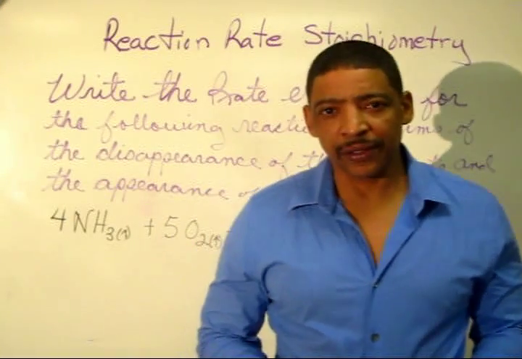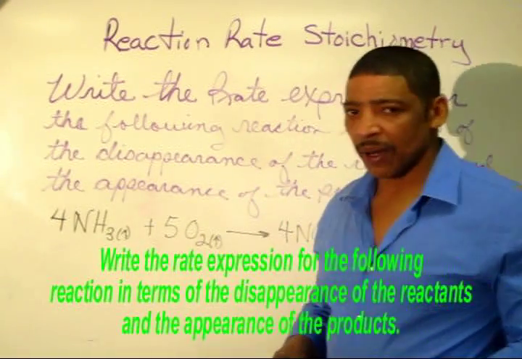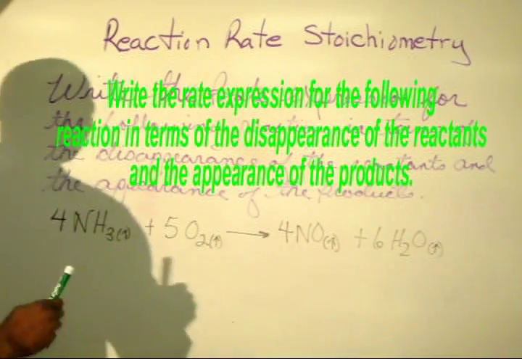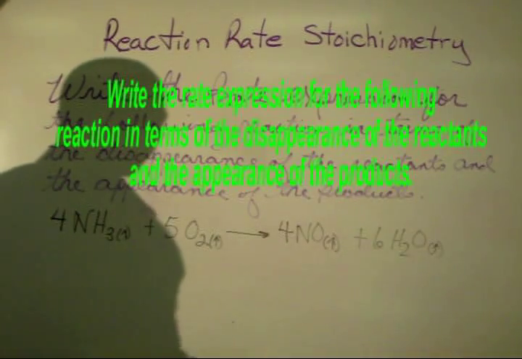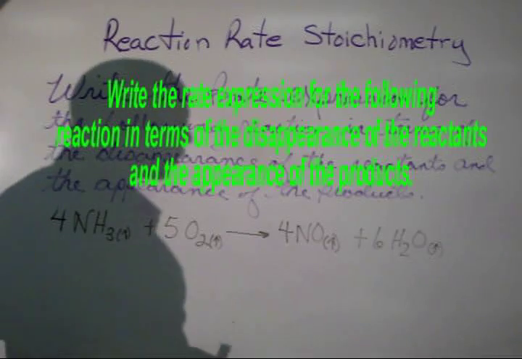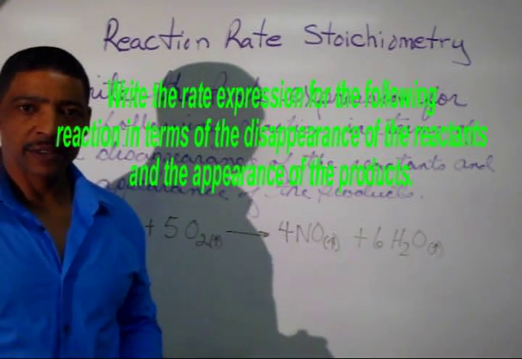Now let's consider the following practice problem, where we're asked to write the rate expression for the following reaction in terms of the disappearance of the reactants and the appearance of the products.